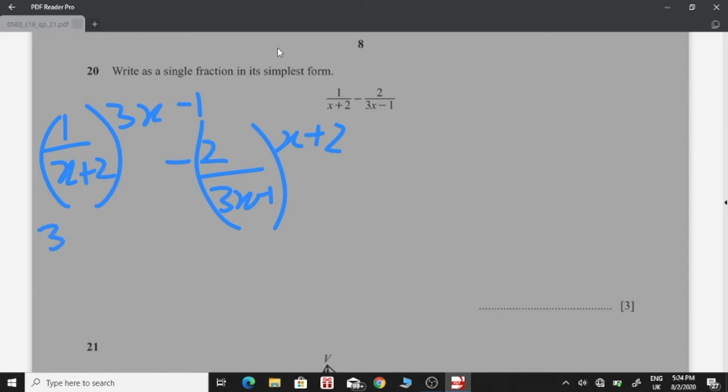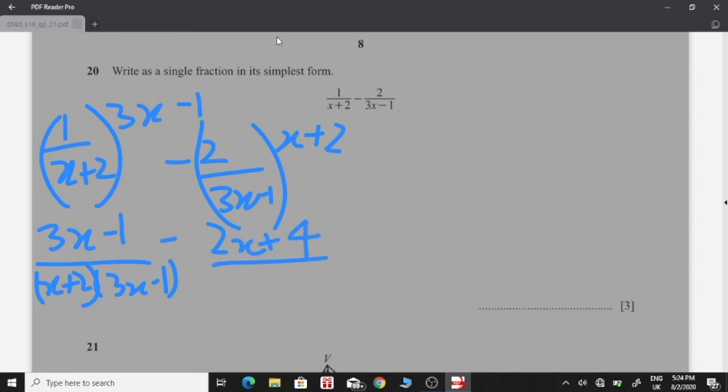So we have 3x minus 1 over x plus 2 into 3x minus 1. And then we have 2x plus 4 over 3x minus 1 into x plus 2.